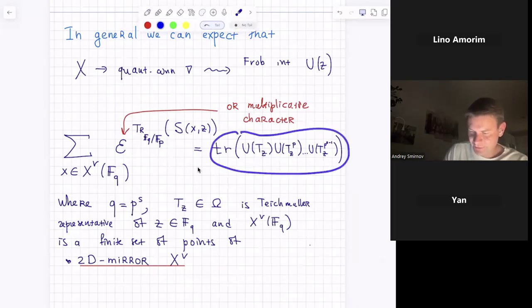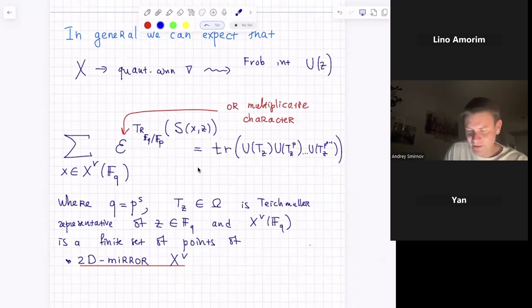In general, the expectation is that it's going to be sums, as I mentioned before, multiplicative or additive, like here.